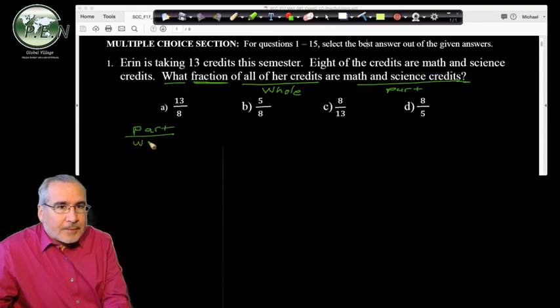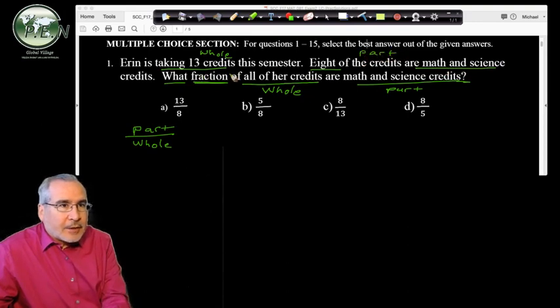over the whole. Now we've got that information before we even got into the information I was given, but now we know that Erin is taking 13 credits this semester. She's taking 13, that is the whole. That's everything she's taking. 8 of the credits are math, so this is the part. The math and science comprise 8.